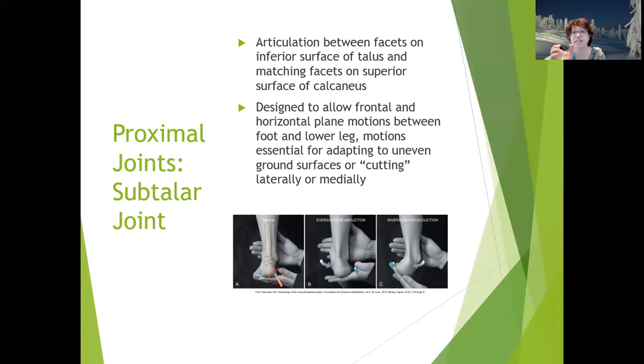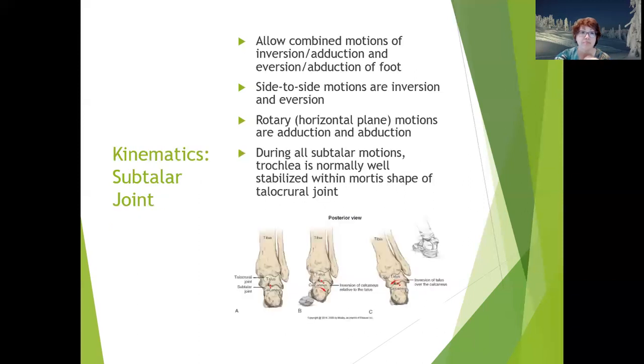It's essential for adapting to uneven ground surfaces or for cutting medially and laterally, like you're playing tennis or you're running side to side in football or soccer. So that subtalar motion is really important to the function of adapting to our foot and leg motions.